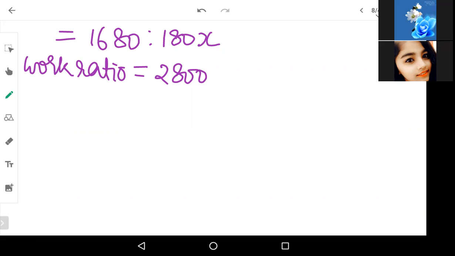So 2,800 tons of water was taken out by using 12 pumps. Now, by using 20 pumps, they are taking out 3,000 tons of water. So this will become our work ratio. Understood until here? Any doubts in defining the ratio?